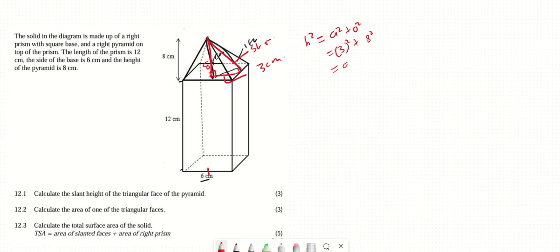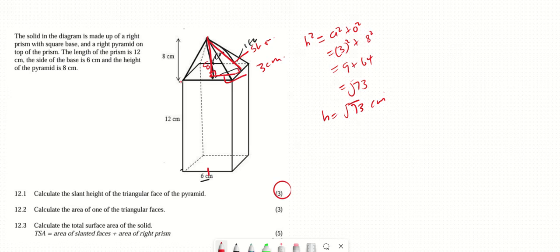Then I have 9 plus 64, which is 73. So I take the square root of 73. So the slant height is root 73 centimeters. That's the distance here.